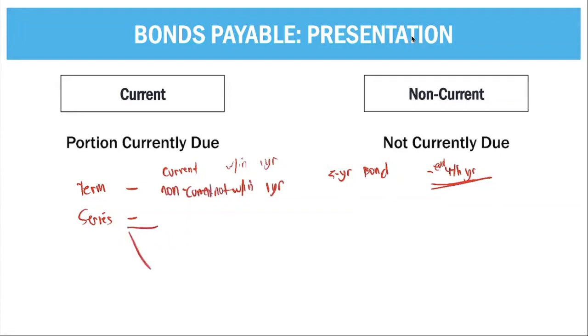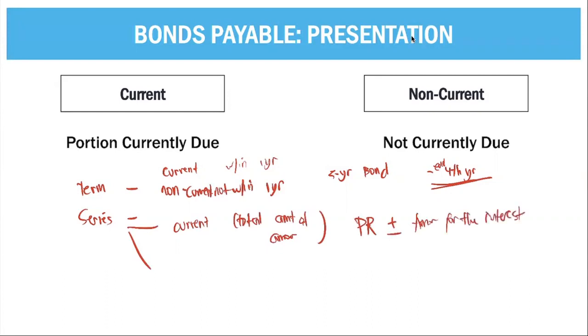For series, the current portion is the total amount of amortization. This is equal to your principal repayment plus or minus the amortization for the interest.